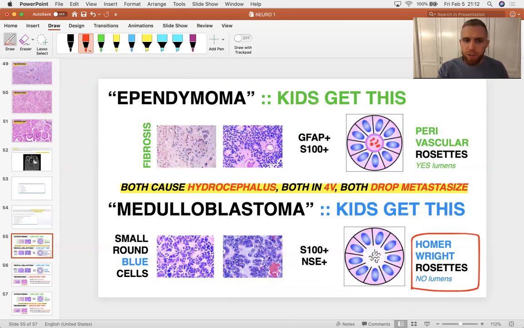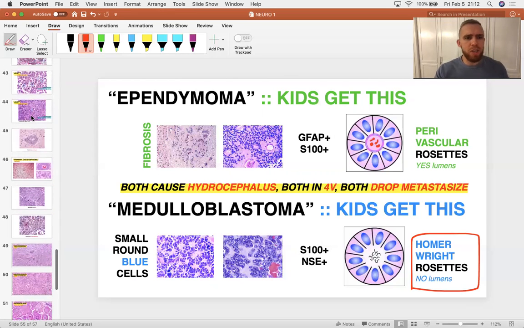Okay. So that's the ependymoma versus the medulloblastoma. What do they have in common again? Well, they're both childhood tumors that pop up in the cerebellum, specifically in the fourth ventricle, and they can cause an obstructive hydrocephalus, and both of them can even drop metastasize down the spinal cord. Very, very similar.